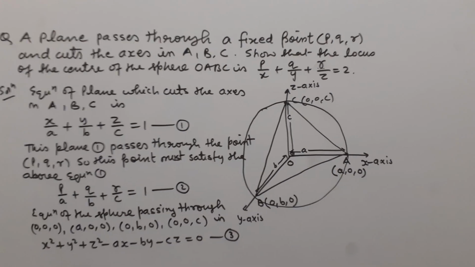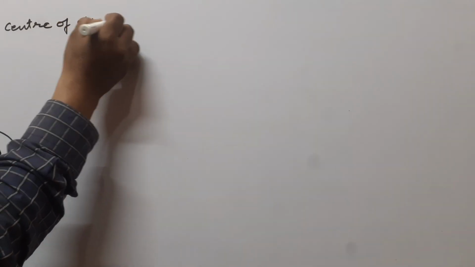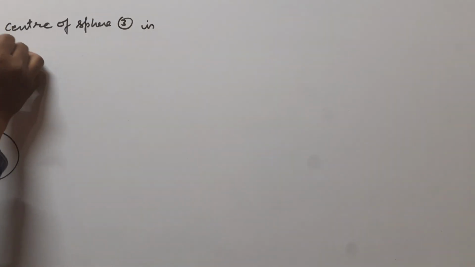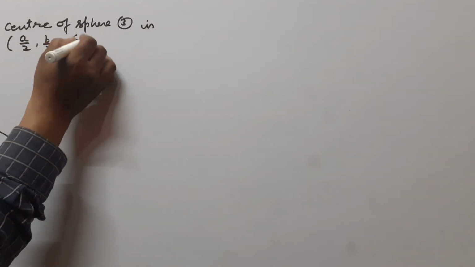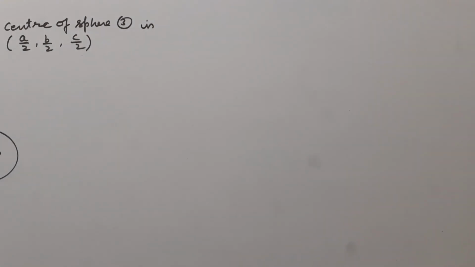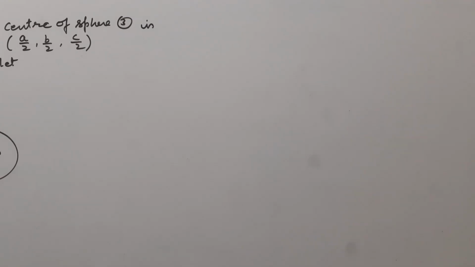Now the center of this sphere 3 is (a by 2, b by 2, c by 2). We know this from the last question. Here we have to find the locus of the center of the sphere OABC.